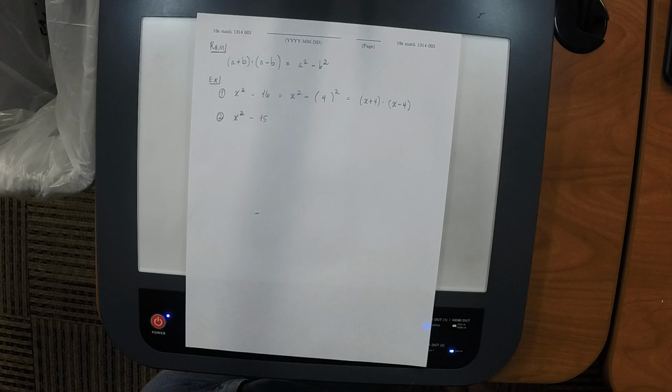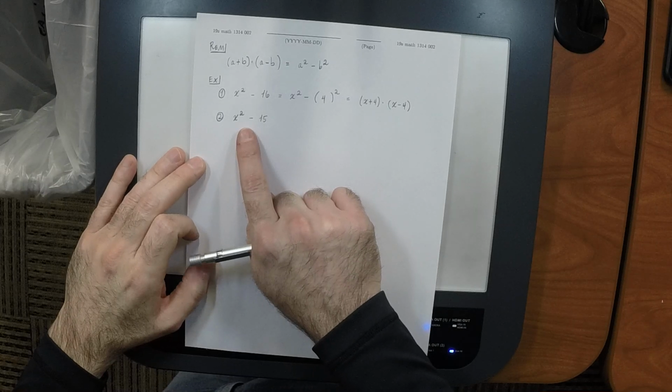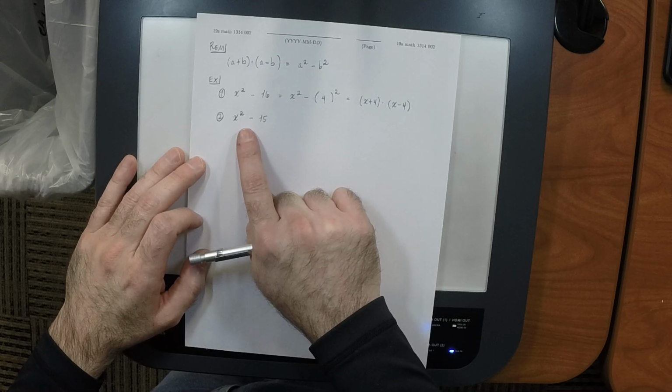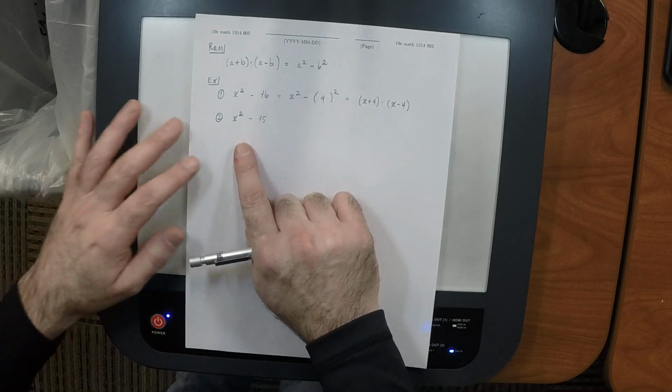Is it expressed as the difference of squares? No, it is not. Is it expressible as the difference of squares? Just not with integers.